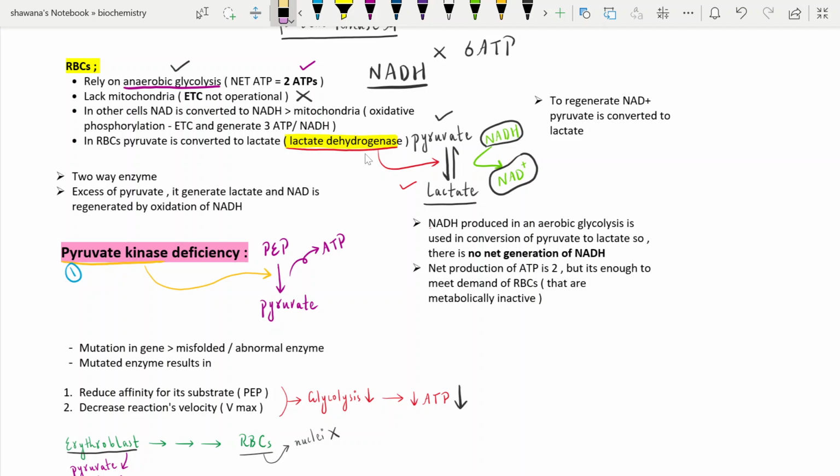We have regenerated the NAD positive that we needed for glycolysis to proceed. In anaerobic glycolysis, NADH is used for the conversion of pyruvate to lactate, so there is no net generation of NADH. The 2 ATPs produced in anaerobic glycolysis are enough to meet the demands of RBCs, because RBCs are metabolically inactive cells. They just transport oxygen and hemoglobin.